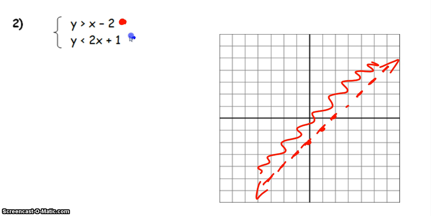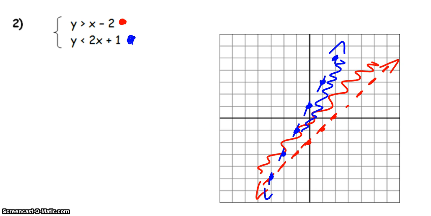My second line I'm going to do in blue. That line starts at 1, and then it goes up 2 over 1, or down 2, left 1. That's also dotted. And I want to be below that line. So if I'm below that line, I'm here.